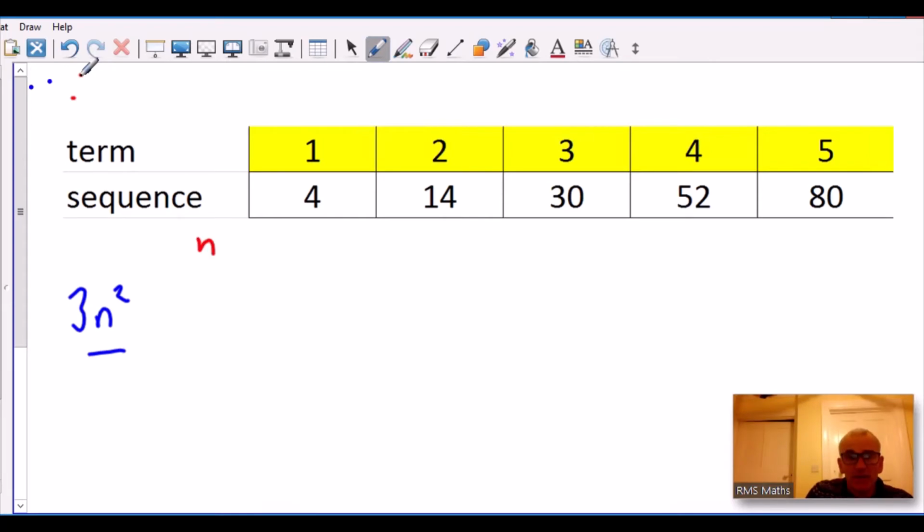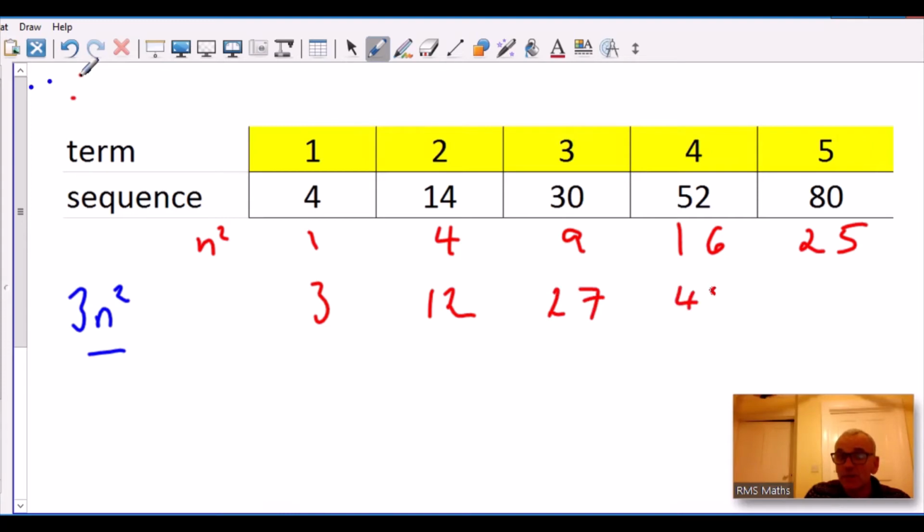In order to do that, 1, 4, 9, 16, 25. So 3n squared is 3, 12, 27, 48, and 75.